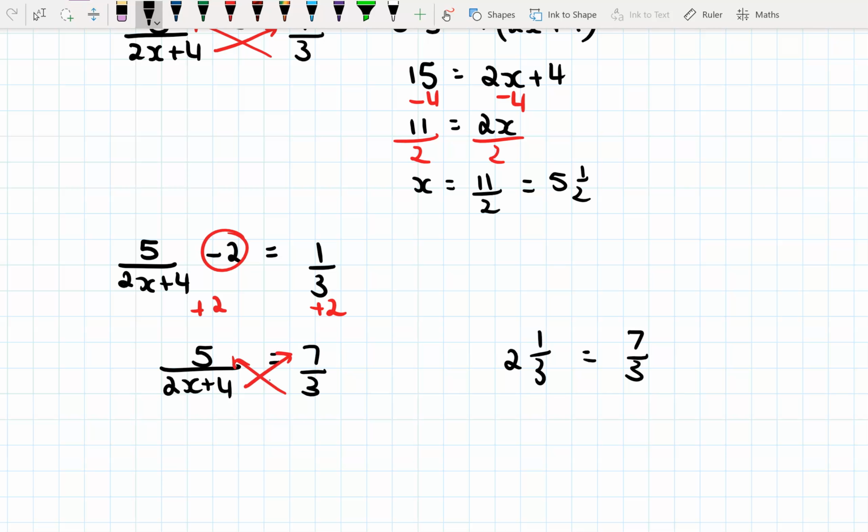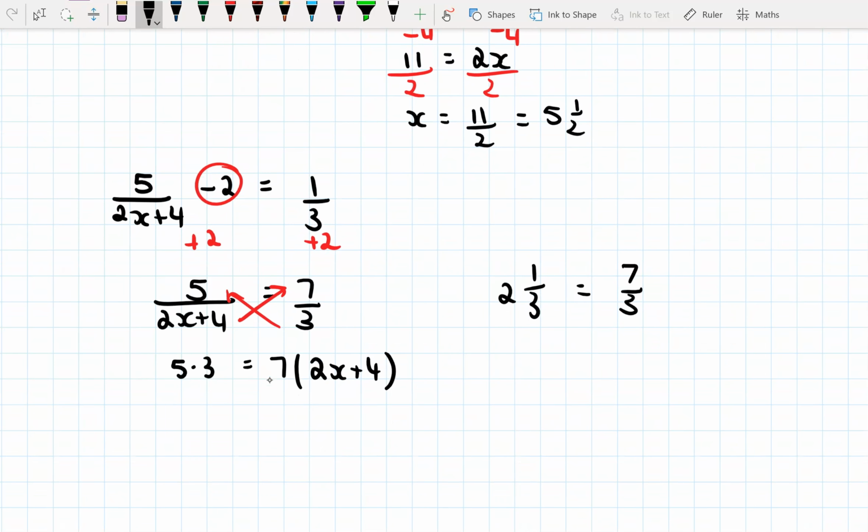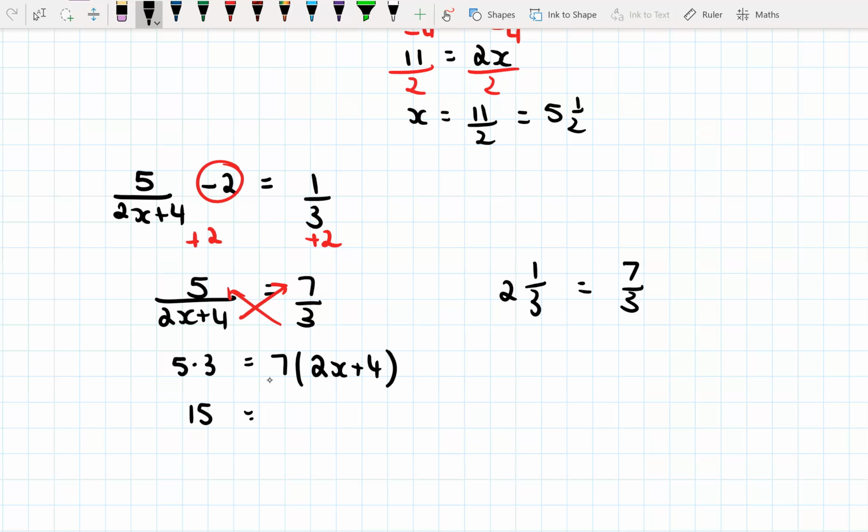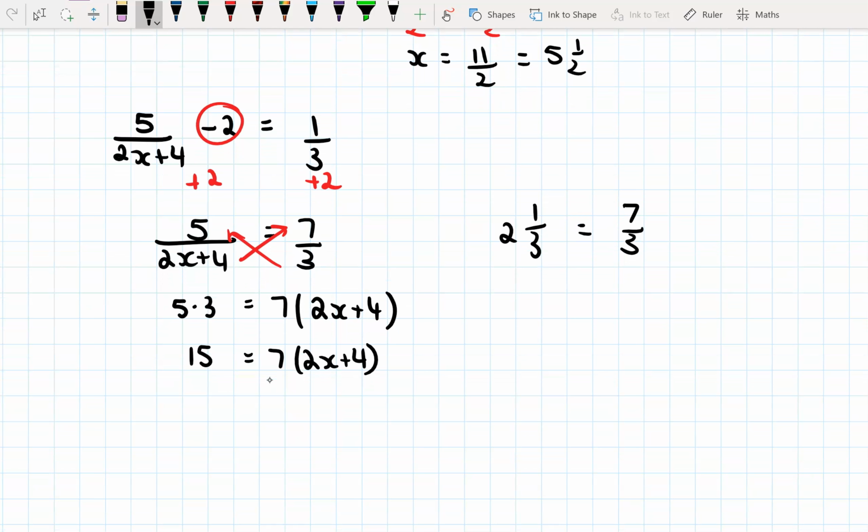So here we're going to get 5 times 3 is equal to 7 times 2x plus 4. 15 is equal to 7 times 2x plus 4. Now in this case, we're not going to divide by the 7 first. We could do 15 divided by 7, but it's going to make it messy. Instead, we will expand the brackets. So 15 is equal to 14x plus 28.